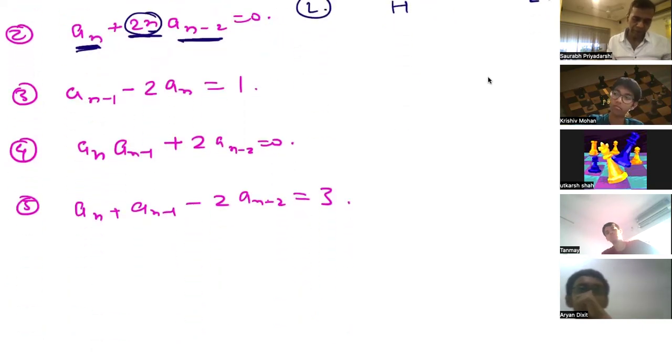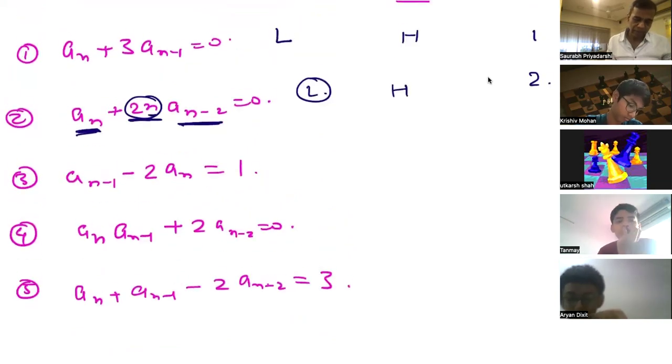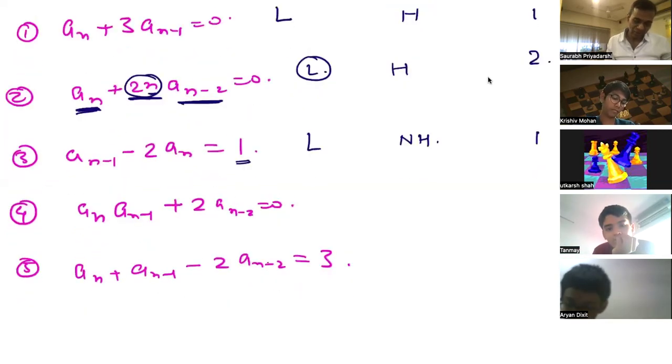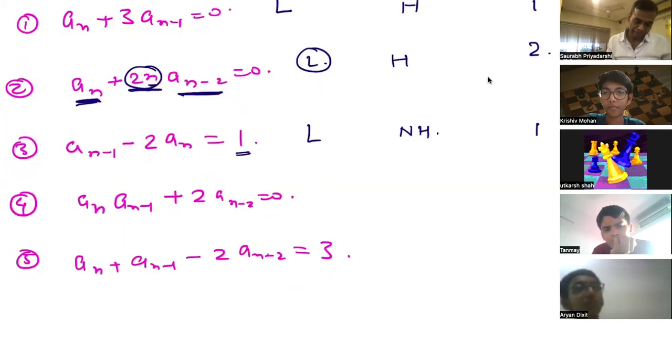Okay, tell me the third one. Linear, non-linear? Sir, it is linear. Homogeneous, non-homogeneous? Wait, there is one present, so non-homogeneous. Order 1. Next, linear, non-linear? Not linear.